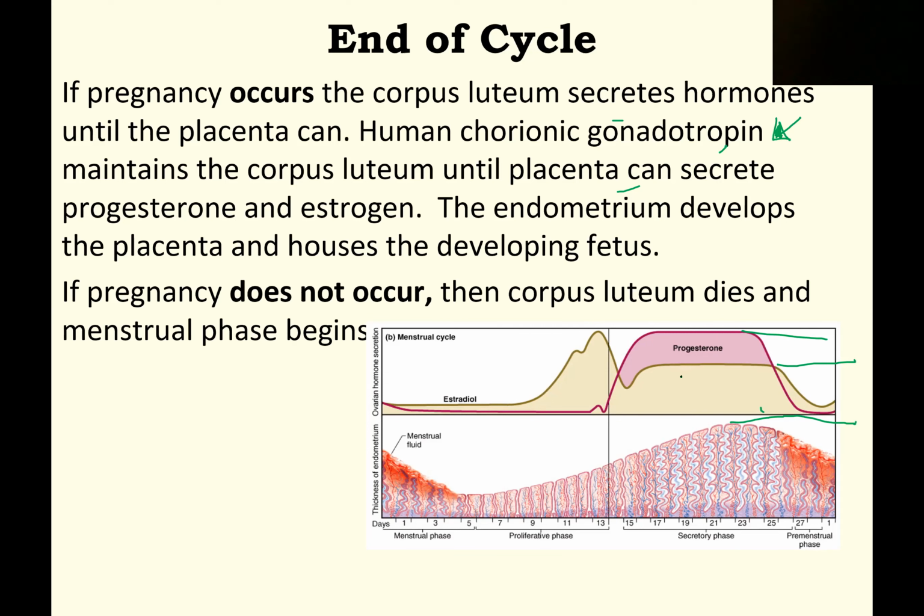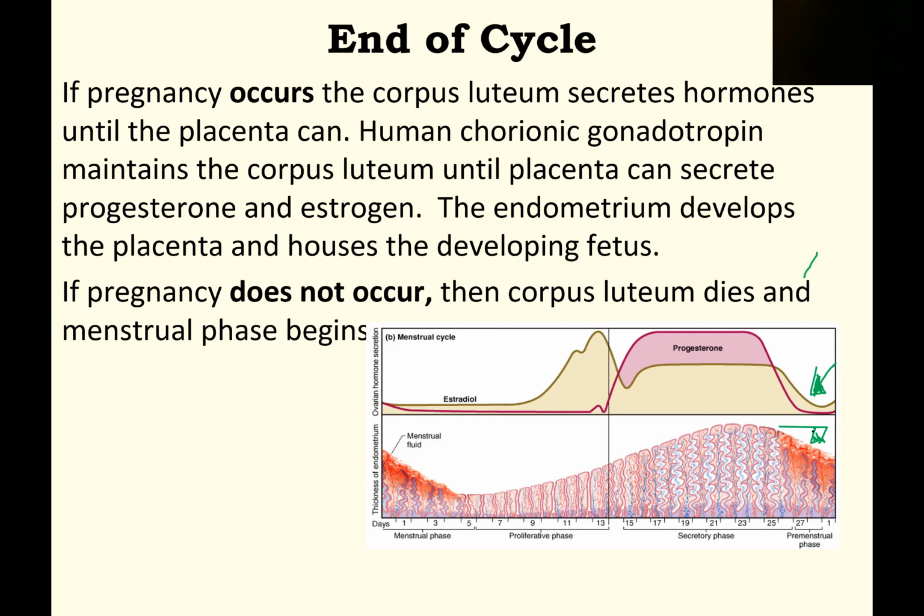If pregnancy doesn't occur, then the corpus luteum is going to die off, and we go into the menstrual phase and preantral phase.